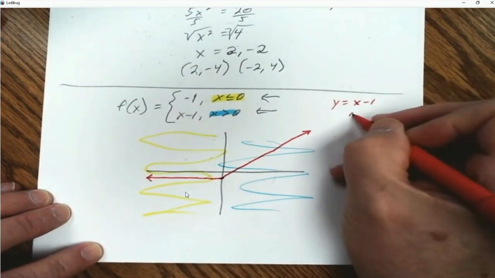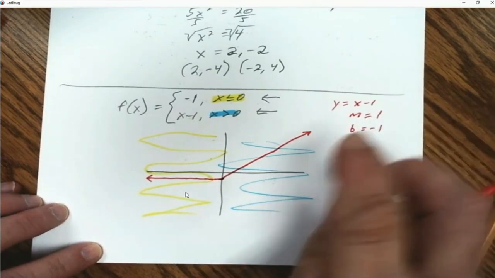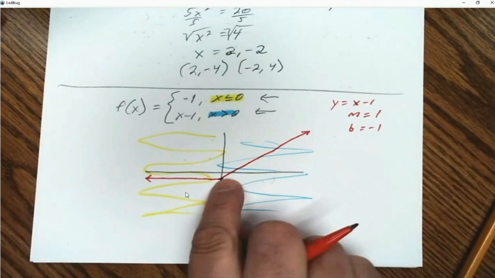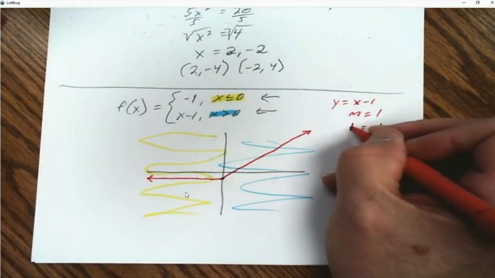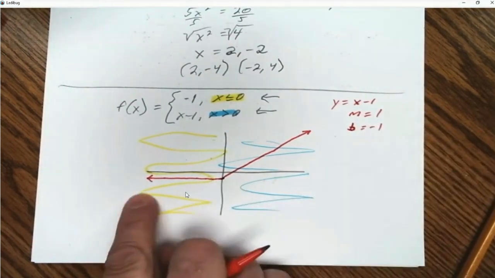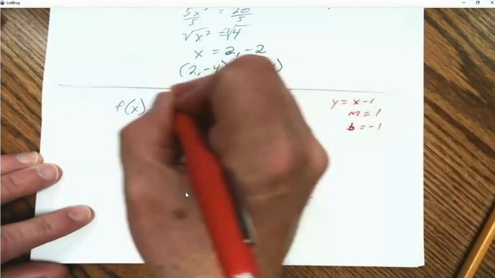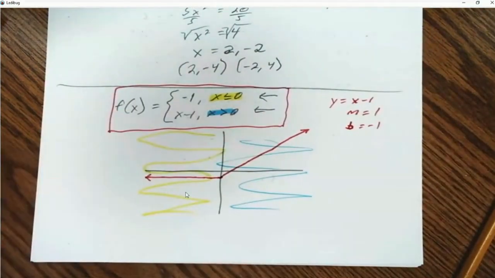That means the slope is 1 and the y-intercept is -1. So -1 is the y-intercept and it has a slope of 1. All right. So this is the graph of this piecewise function. You can combine piecewise functions in any way you want to.